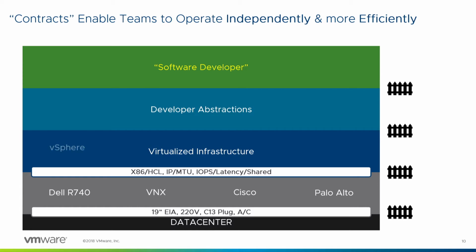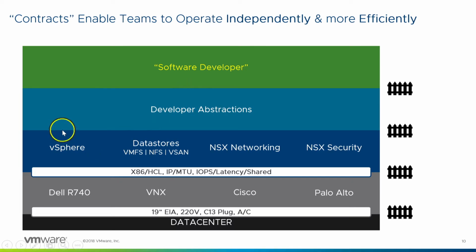Pretty obvious, right? What about up at the virtual infrastructure layer? So the contract I have with my physical infrastructure team is that if I'm running vSphere, I'm x86, of course. I'm on the hardware compatibility list. From networking, I have IP connectivity and MTU requirements if I'm doing NSX. We've got IOPS and latency, and is it shared storage?